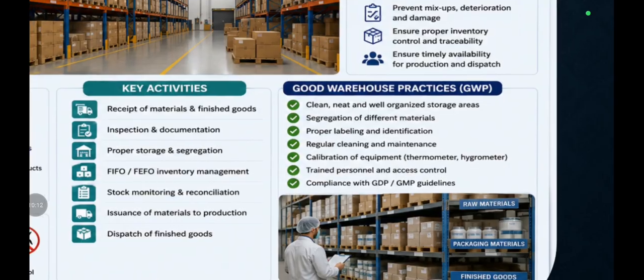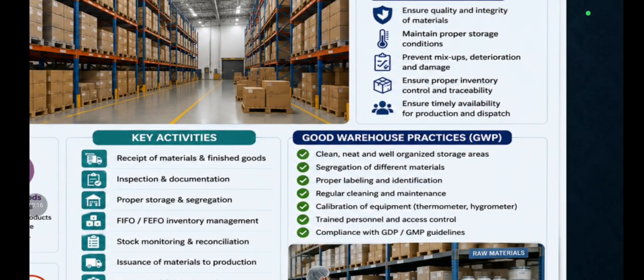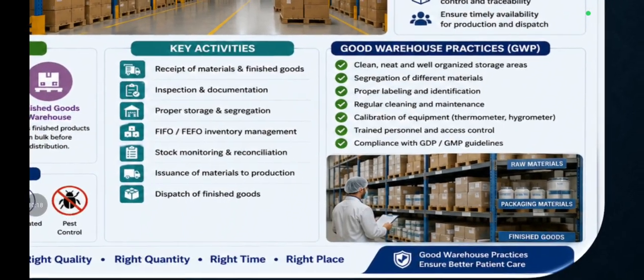So good warehouse practice, that is GWP. It is nothing but a clean, neat, well organized storage area, with segregation of the different materials on different racks, proper labeling and identification, then regular cleaning and maintenance, and calibration of equipment like thermometers, hygrometers, etc. If they are calibrated, then we can say the temperature readings are proper.